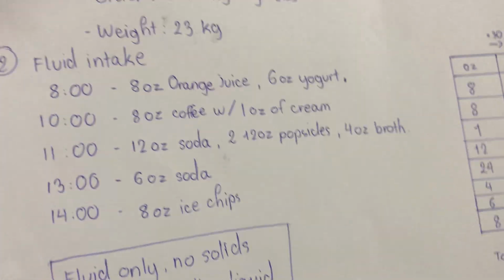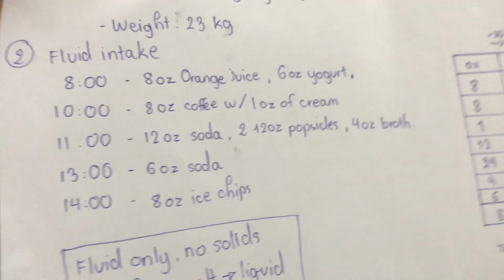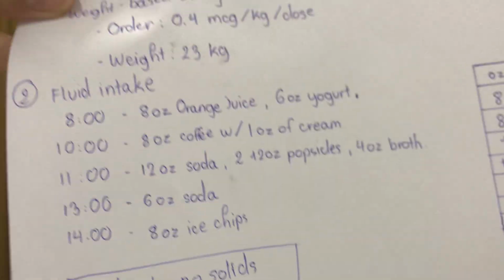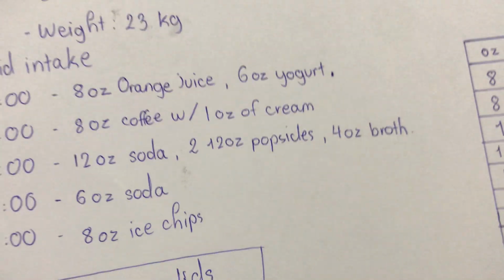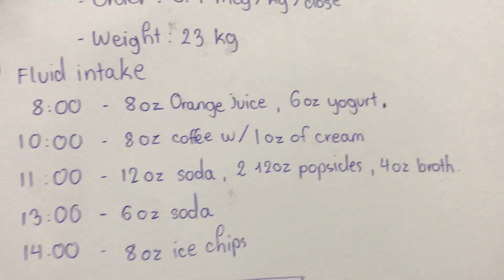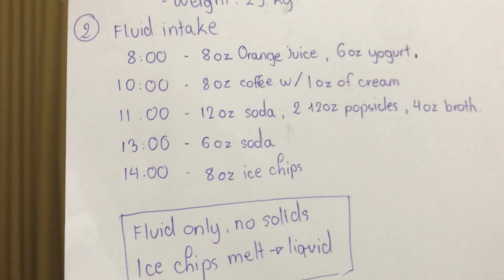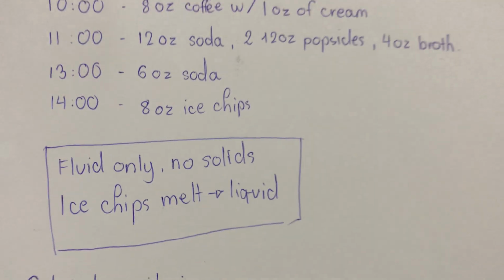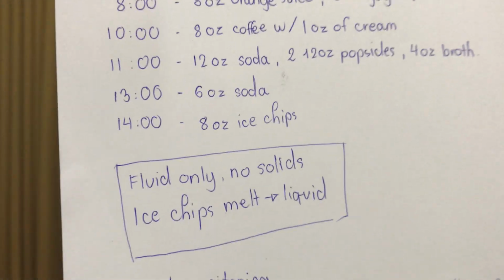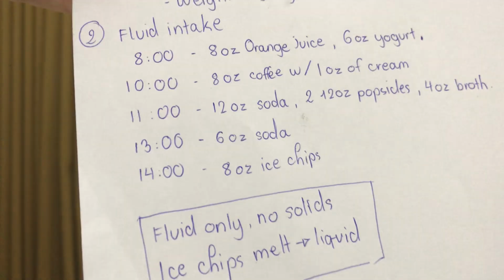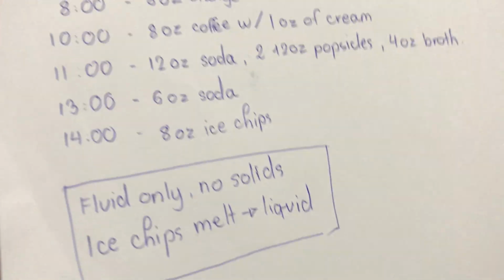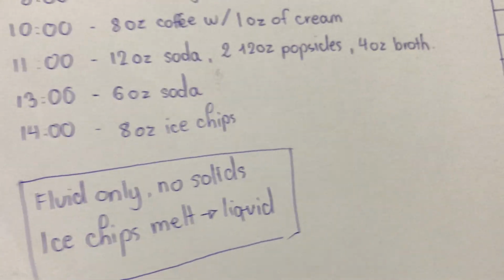At 11 a.m., 12 ounces of soda and 12 ounces of popsicles, and then 4 ounces of broth. Next we have 1 p.m., which is 6 ounces of soda, and finally at 2 p.m. they had 8 ounces of ice chips.